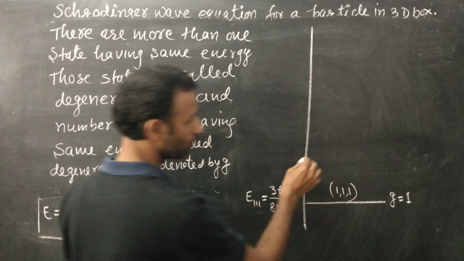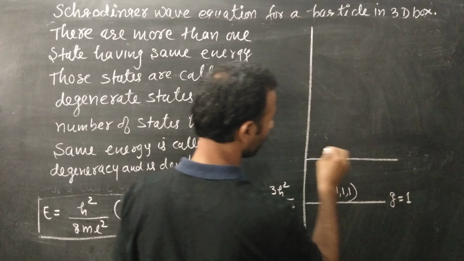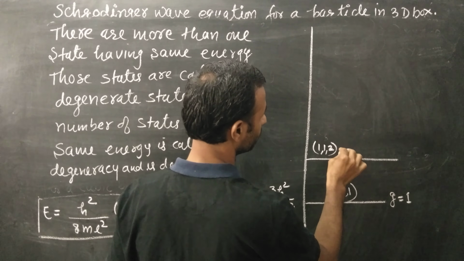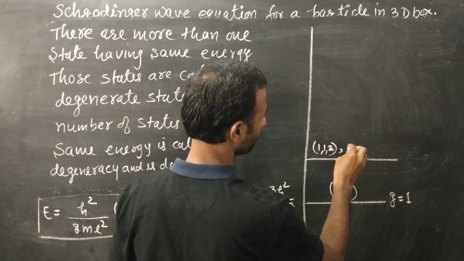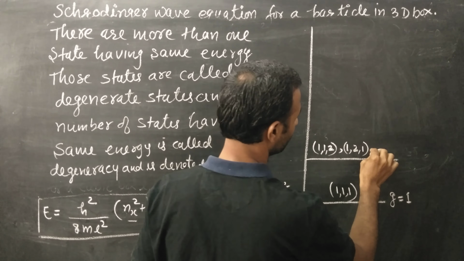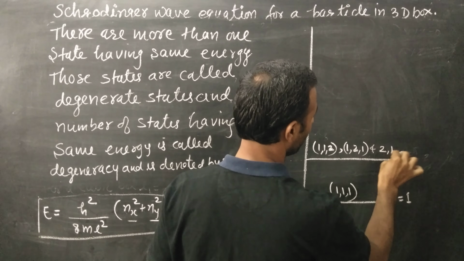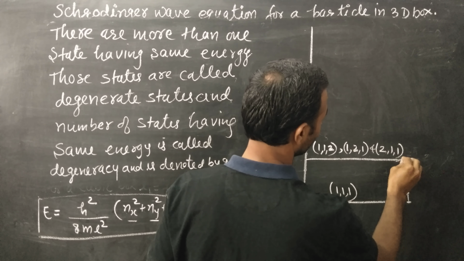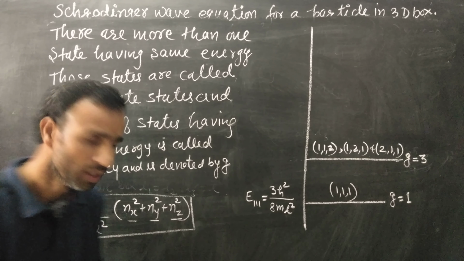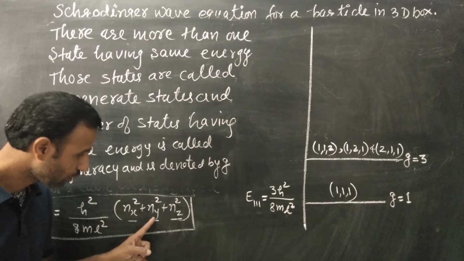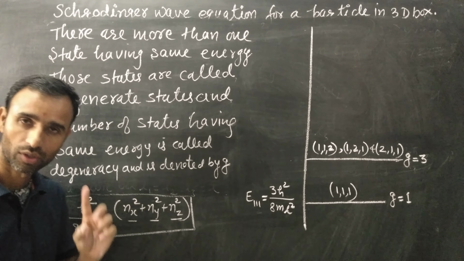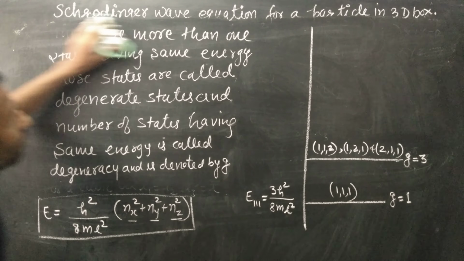Okay. Now come to second. When we have 1, 1, 2 or 1, 2, 1 or 2, 1, 1. Tell me. They all have same energy because out of nx, ny and nz, only one of them is 2 and other 2 are 1.